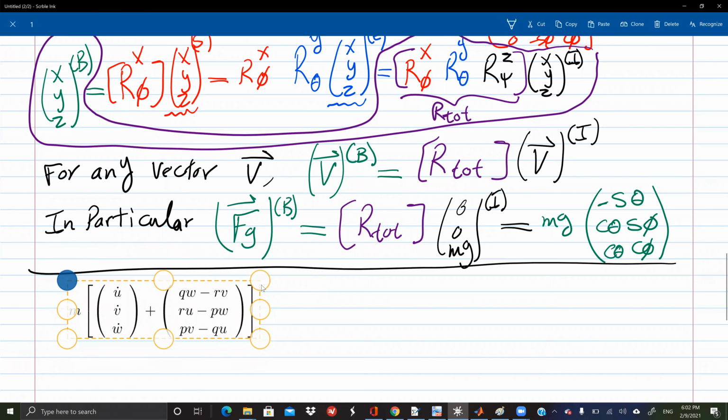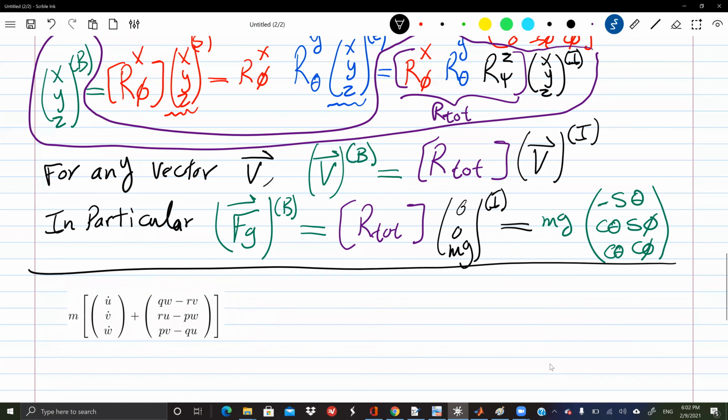Here is mass times acceleration equal forces, and the forces are simply two types: x, y, z, coming from aerodynamic and propulsion, plus this guy, gravity, right?